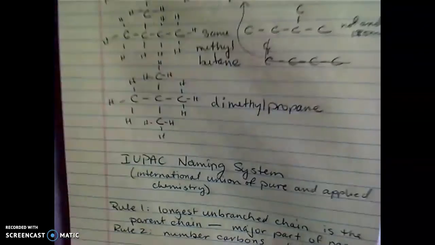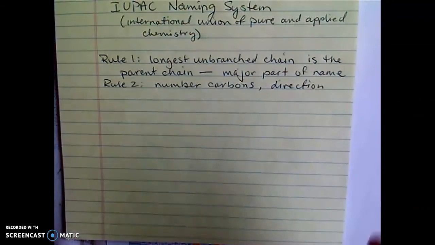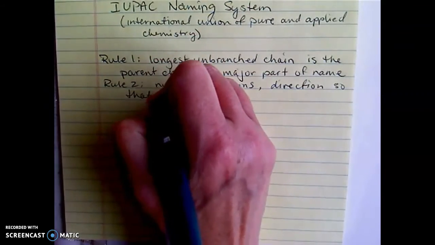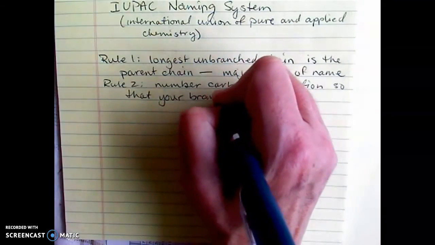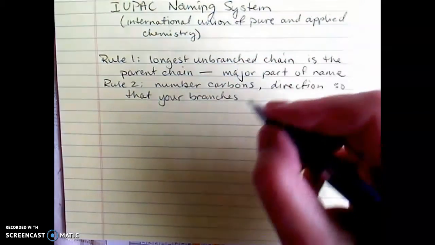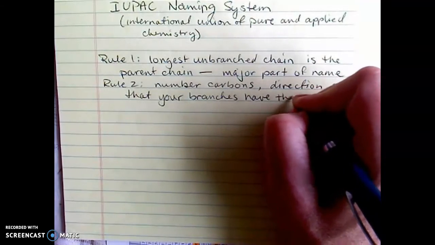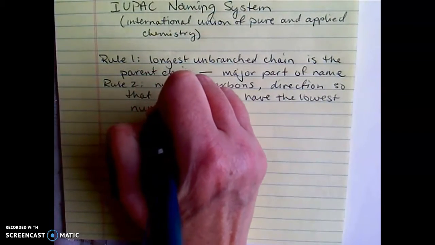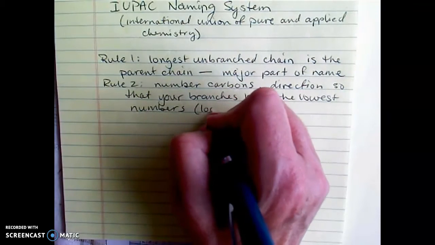So you want to name it, giving it the direction so that your branches or your substitutions always have the lowest number. So they always have the lowest numbers possible. Again, this gives the location of those.